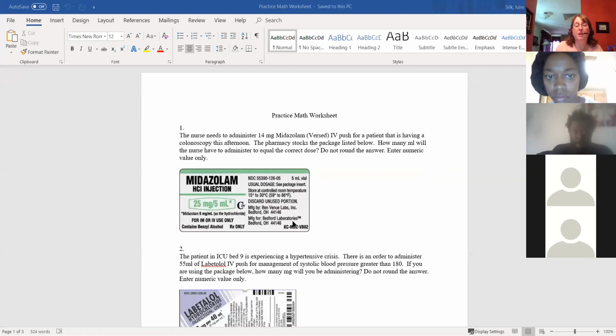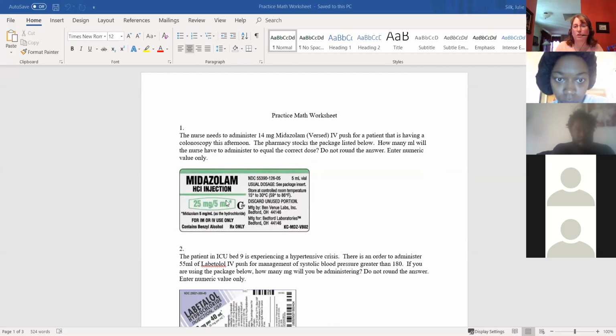Again, this is just like what your test will be like. You'll have three medication label type problems in the beginning. They're real simple. You basically just have to look at the concentration of the med on the label, and then look at what the problem is asking you. Like this one: you have 25 milligrams per 5 milliliters, and you need to administer 14 milligrams.